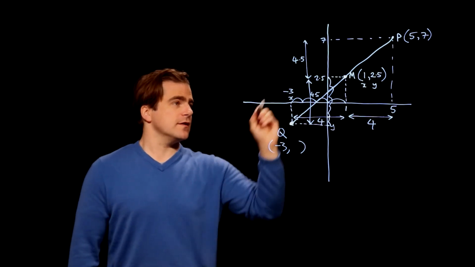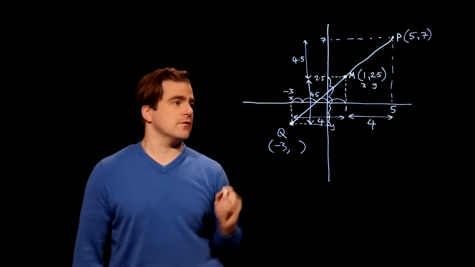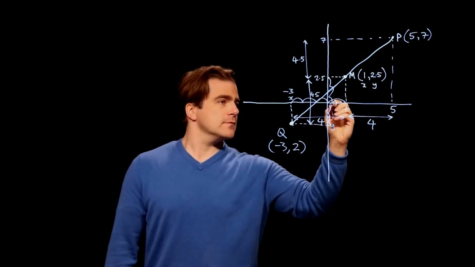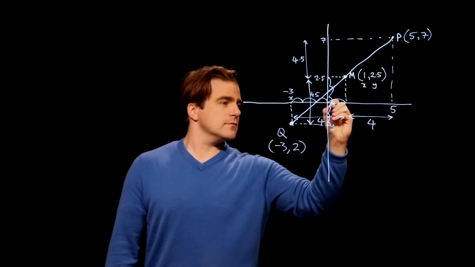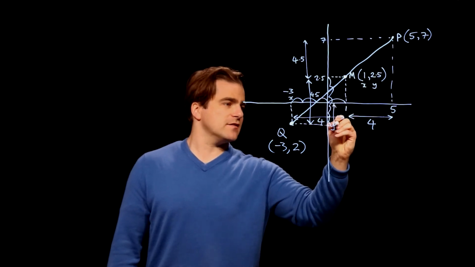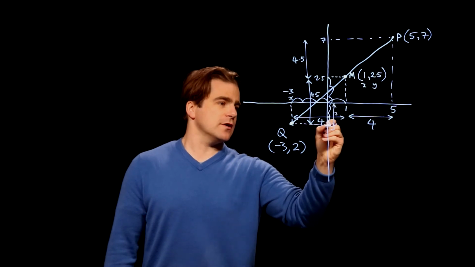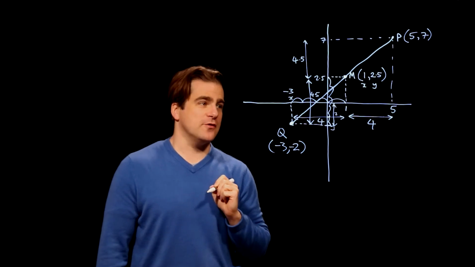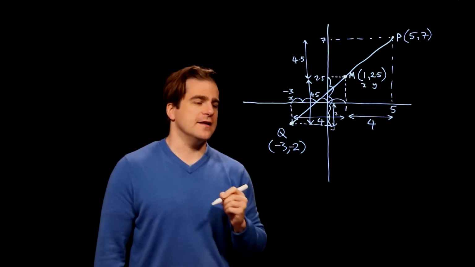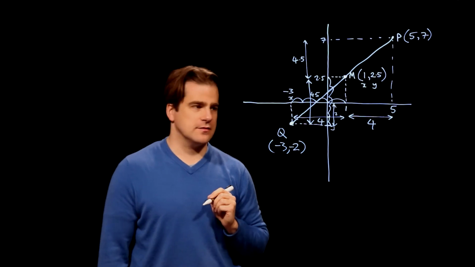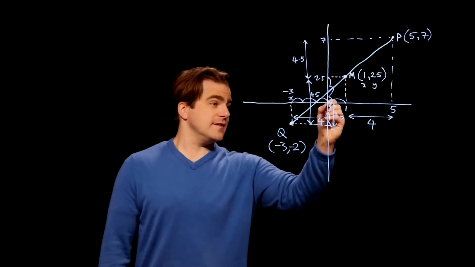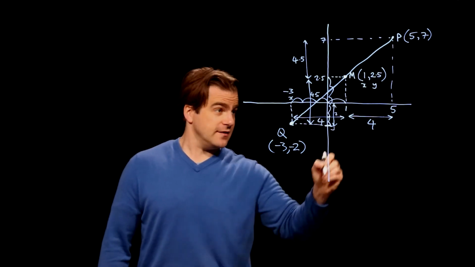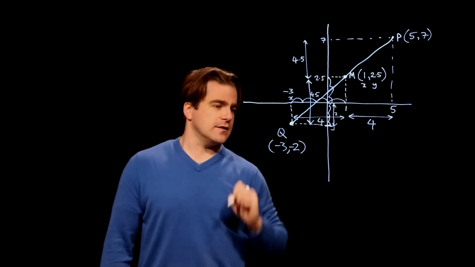So the y coordinate is 2.5 minus 4.5, which is minus 2. I do apologise. So that distance from there to there is 2, but the actual coordinate, because it's in the negative region, is minus 2.